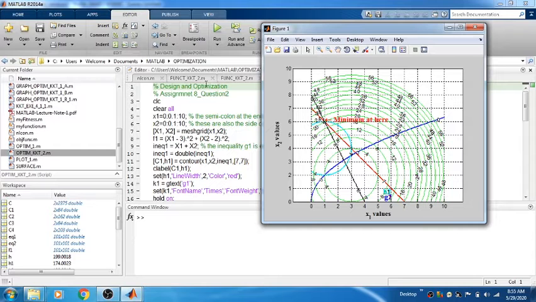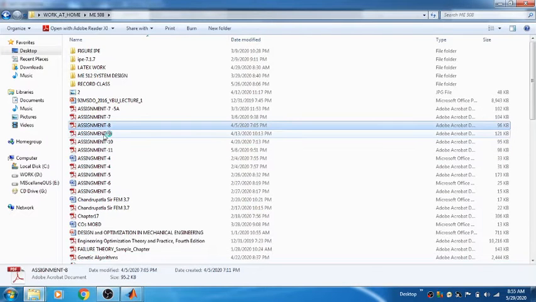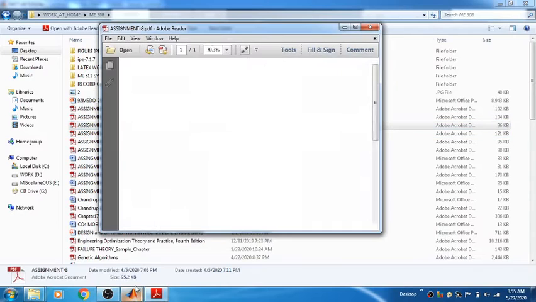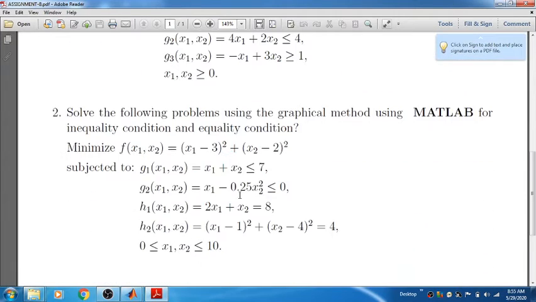So let's see what the nonlinear problem was. This was the nonlinear problem. If you see, the constraint is nonlinear, the optimization is nonlinear, right?